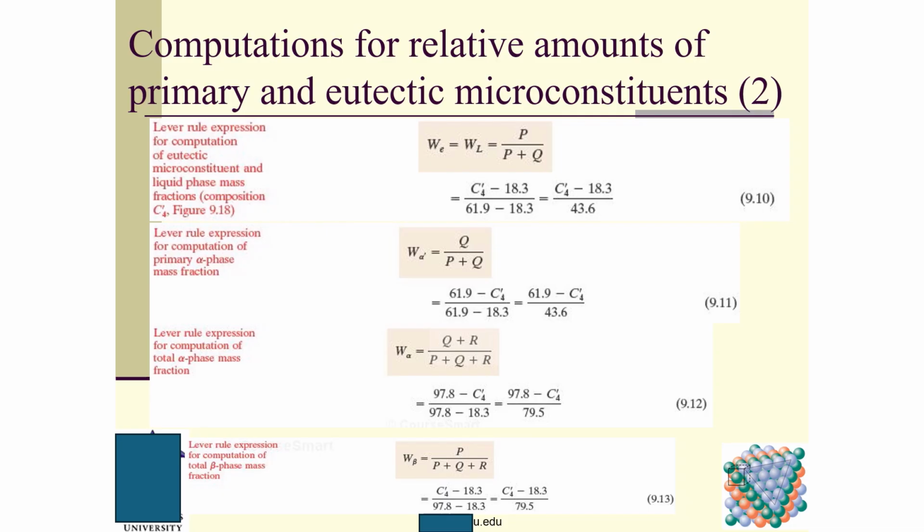For the total, the denominator will be P plus Q plus R and the numerator will be Q plus R. That is the lever rule expression for the total beta phase mass fraction, and we use this equation. Please be very, very careful.